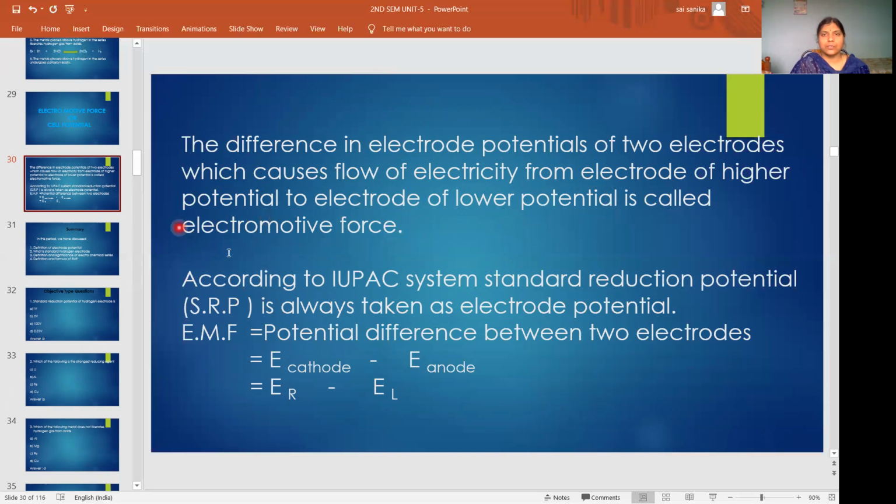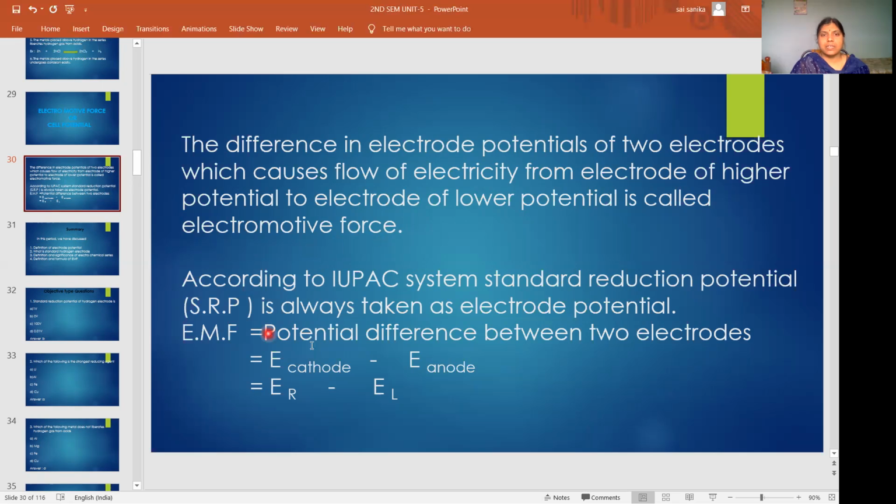Because of that potential difference, electricity flows from the electrode having higher potential to the electrode having lower potential. That is called electromotive force, represented by EMF.